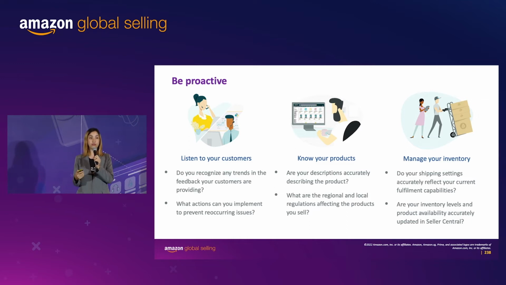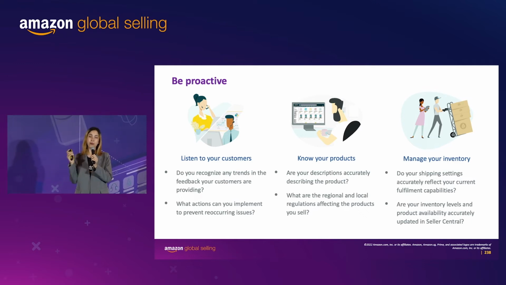And when you're reviewing the voice of the customer, it is important to look at the root cause, not just a singular defect, but all the drivers of the issues, so that you can mitigate potential issues in the future.